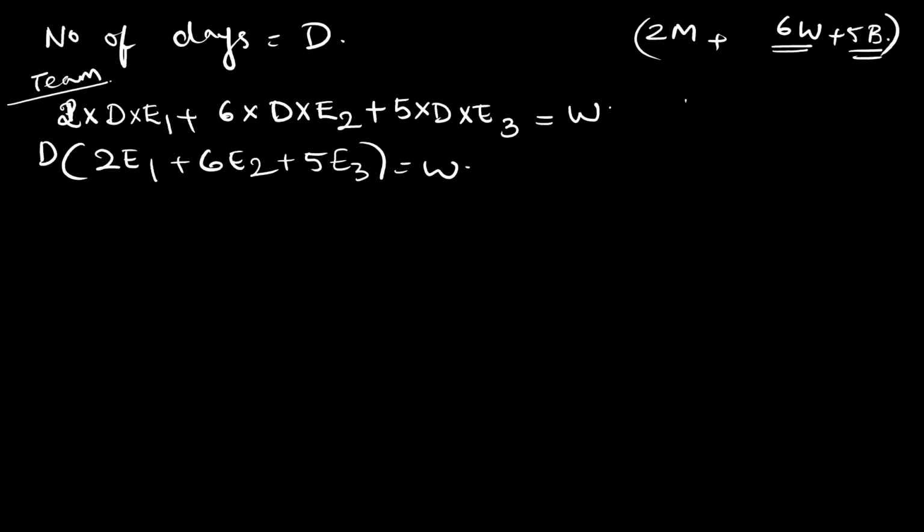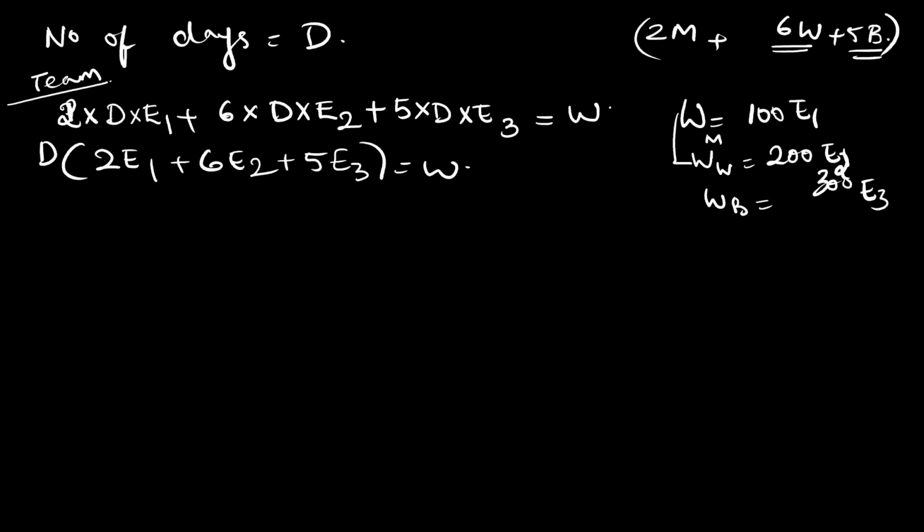Now total work we had already found earlier: total work done by men is 100 E1, by women is 200 E2, and by boys was 300 E3.